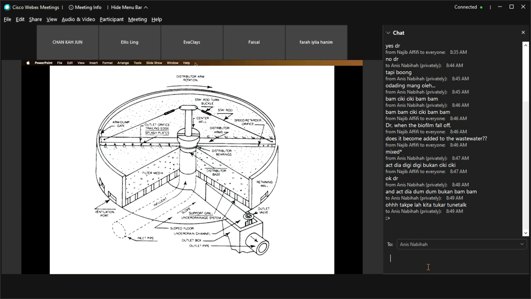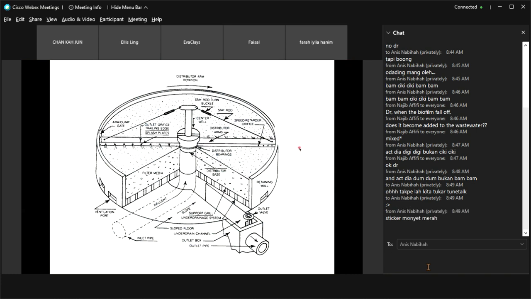Okay, this is the diagram of the trickling filter. It comprises three components. One is the distributor, the arm distributor. So this arm distributor will rotate. I will discuss this in detail later. This is the filter media.